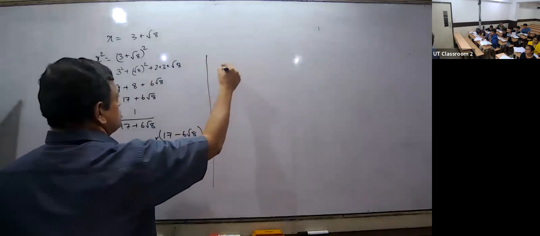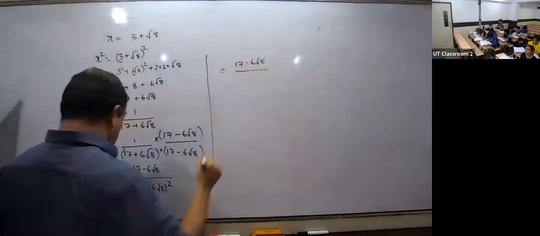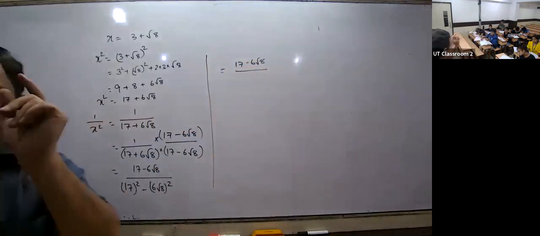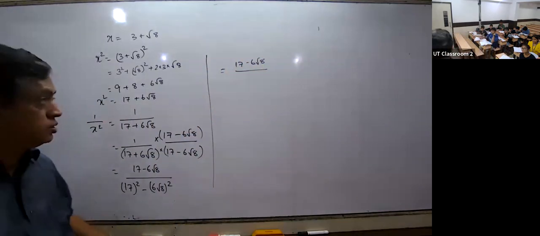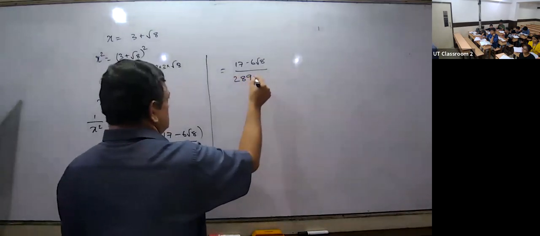So what did you get in this one? This is equal to 17 minus 6 root 8 upon. Do you know what is 17 square? What is 17 square? Nobody knows. Homework: remember the squares till 30. Remember 17 square, you know? 289 minus.